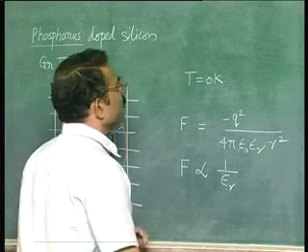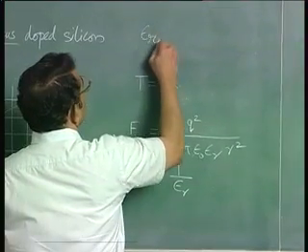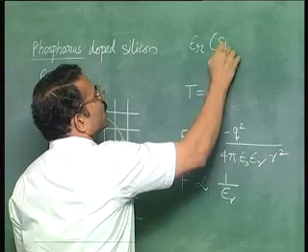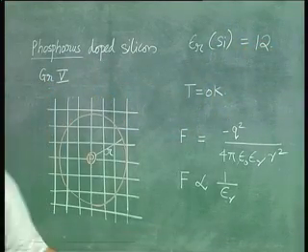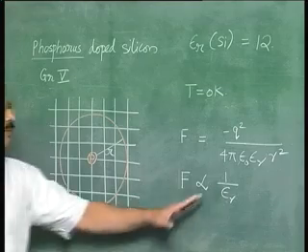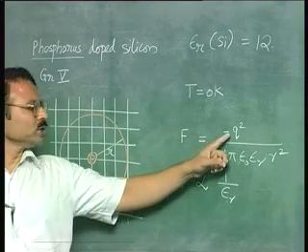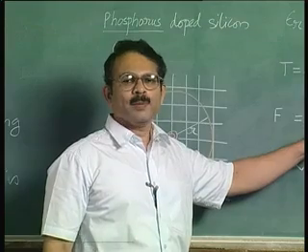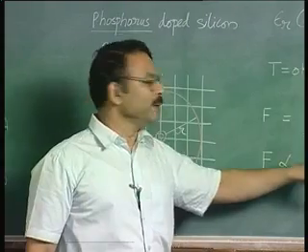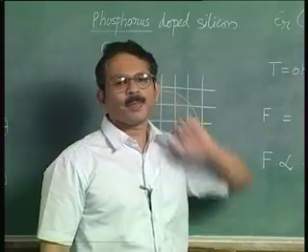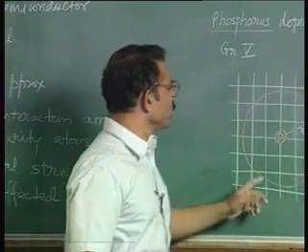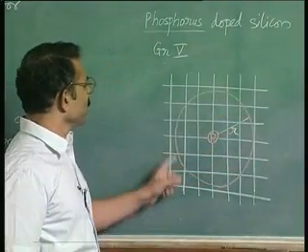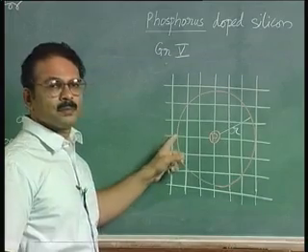Now epsilon r for silicon is about 12. So which means the force between two charges, assuming some distance r between them, will be 12 times smaller in silicon than in vacuum. Now it is the reduced force that is responsible for a larger orbit.